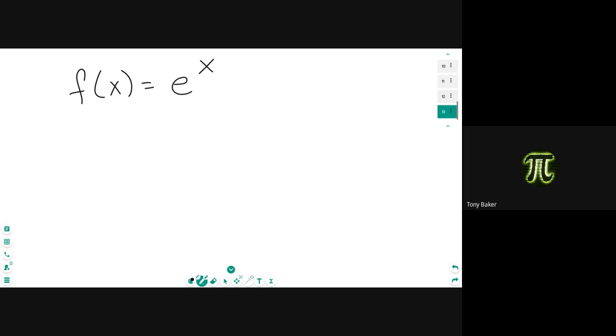The power rule states the exponent has to be a number or a value. It cannot be a variable. In this case, it's a variable. The base is a constant, the exponent's a variable.